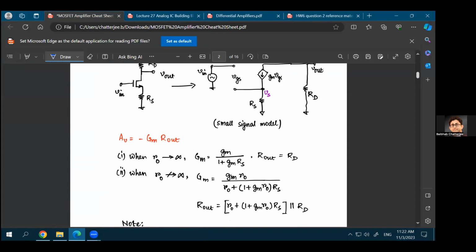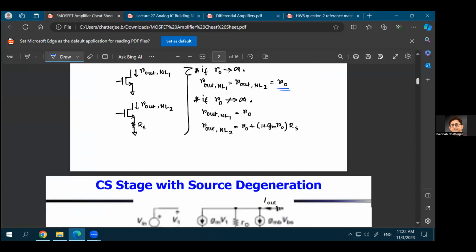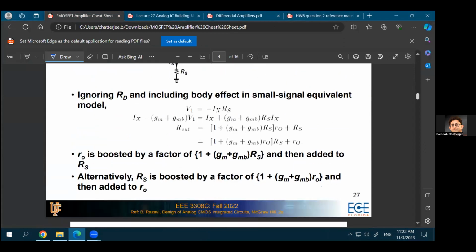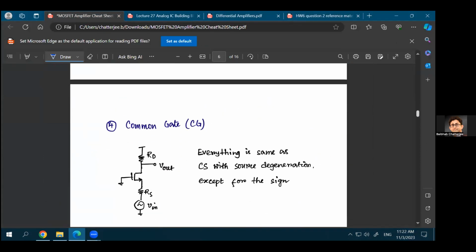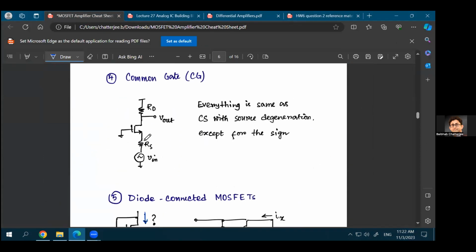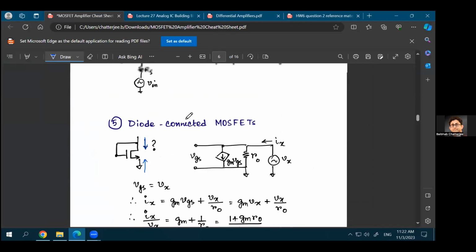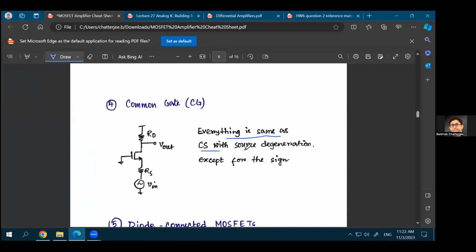That means you'll have a positive gain instead of negative gain. So let me see if I can find the common gate topology over here. This is common drain. Yeah, this is common gate. Where you apply your input to the source, your gate is grounded, and your output is from the drain. And for this, everything is same as common source. Now, if you have the source degeneration resistance, it will be common source with source degeneration, except for the sign.